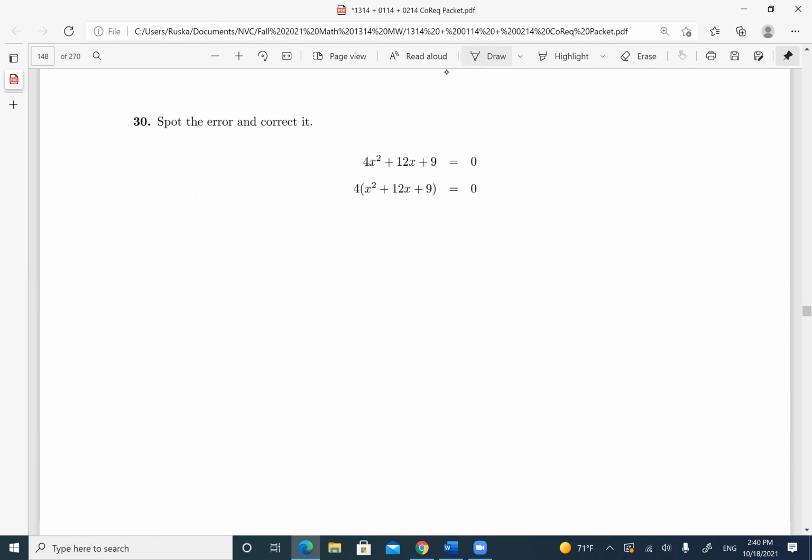So what's happened? What is the mistake here? Can you pull out 4 like that? Instead of just regular 4, because we're just supposed to put 4x. So what is the common factor here? We have 4x squared plus 12x plus 9. What do all of those 3 terms have in common?